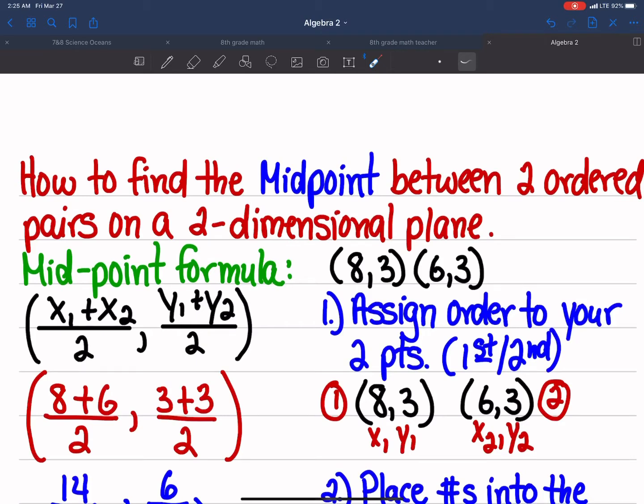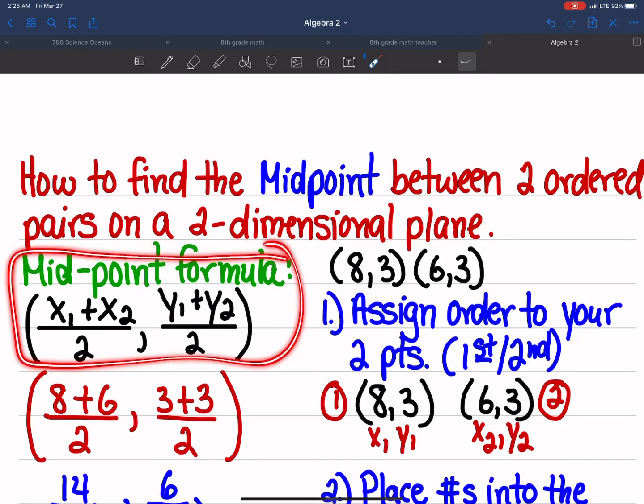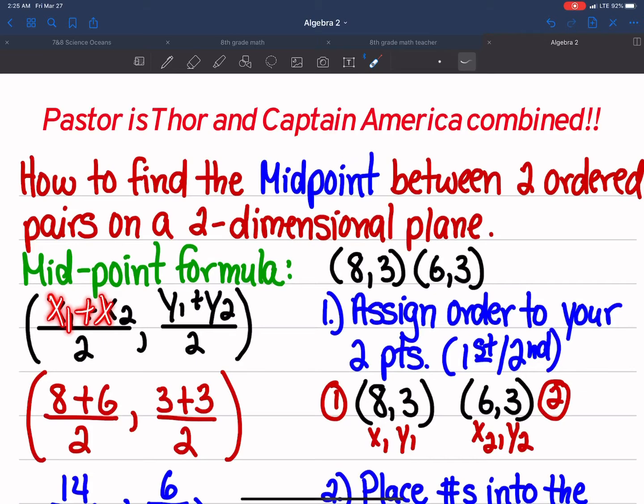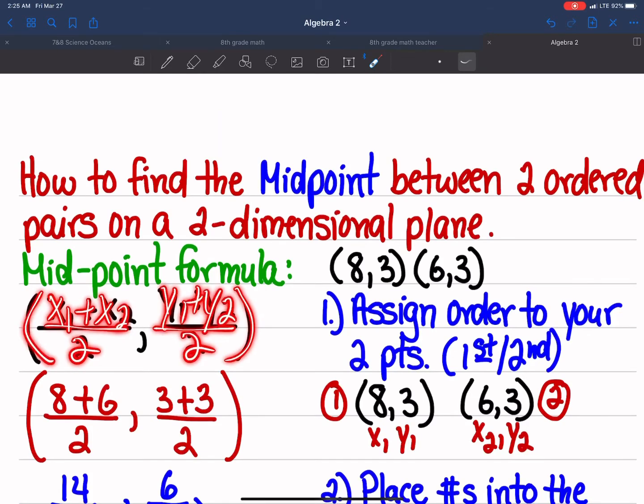All right, so this is the formula right here for the midpoint. Okay, x1 plus x2 divided by 2, and y1 plus y2 divided by 2. Now this one is a lot easier to work with, especially if you have negative numbers, because you're adding, okay? And the other one you're subtracting.